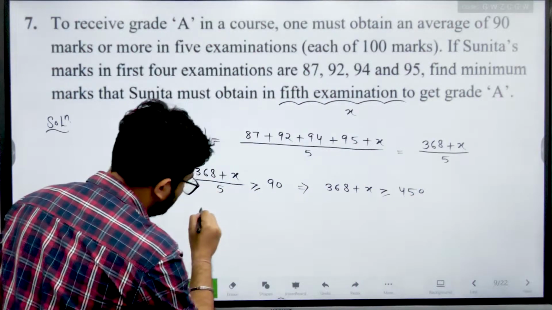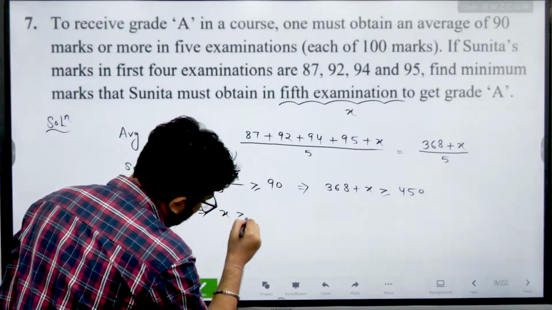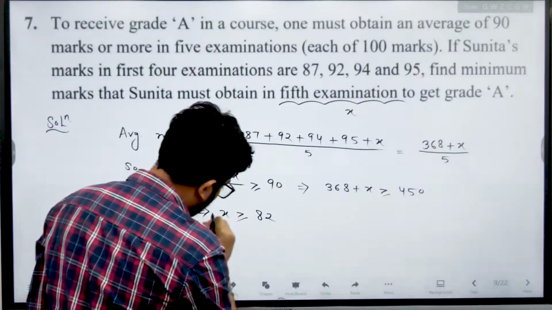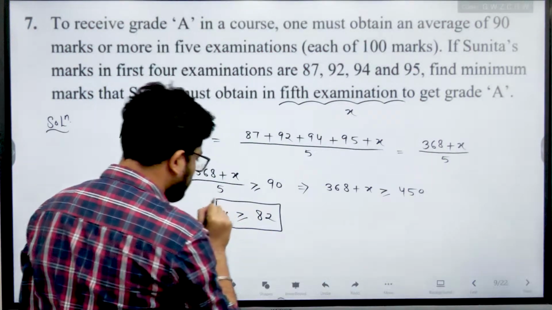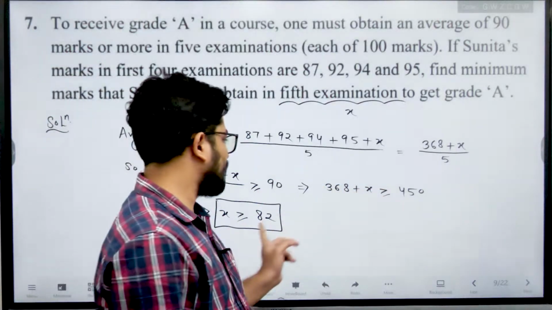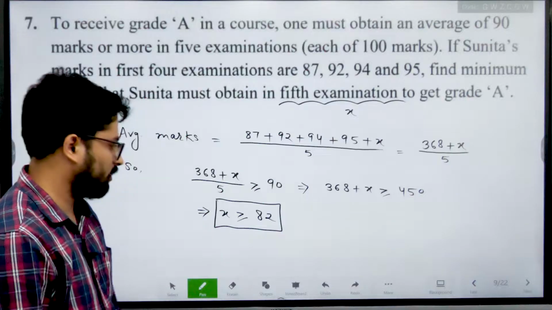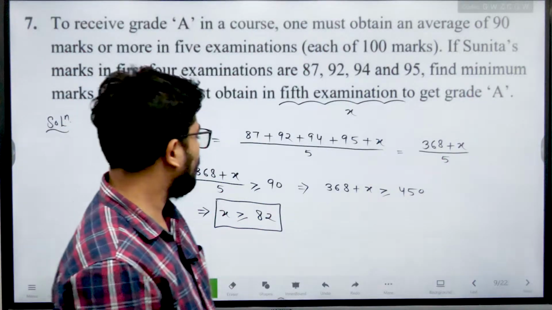Subtract 368 from both sides, you will get x greater than or equal to 82. 10 minus 8 is 2 and 44 minus 36 is 8. So x must be greater than or equal to 82.